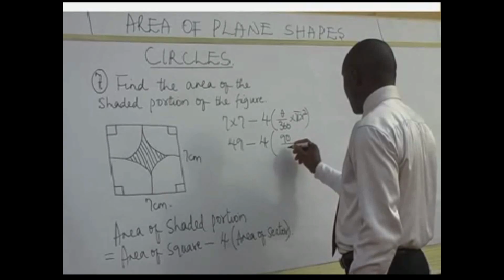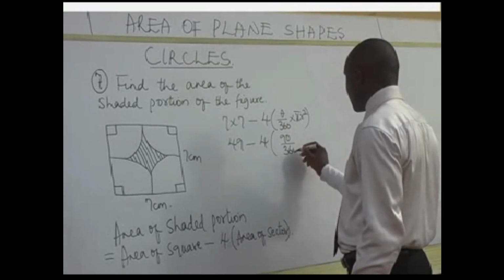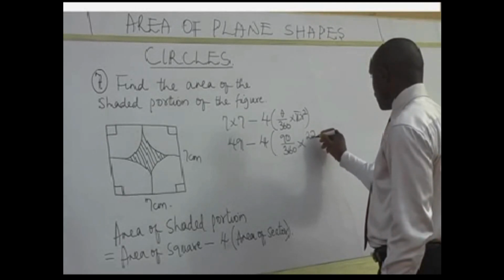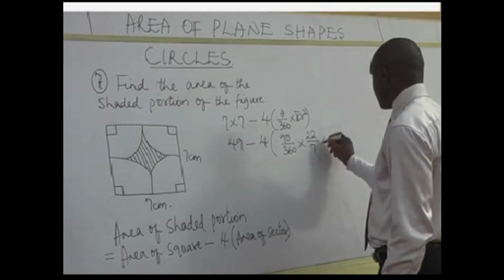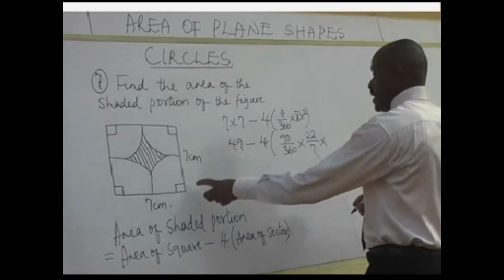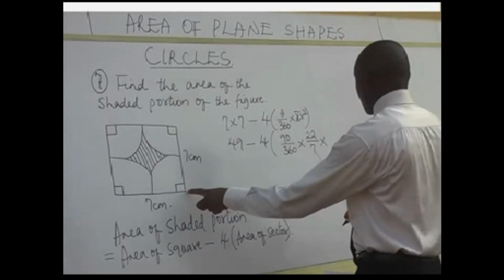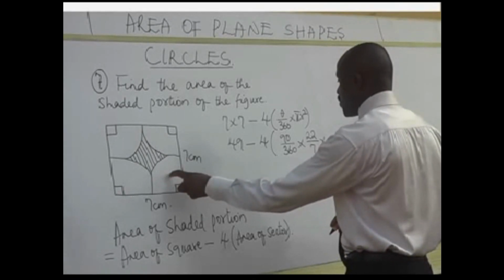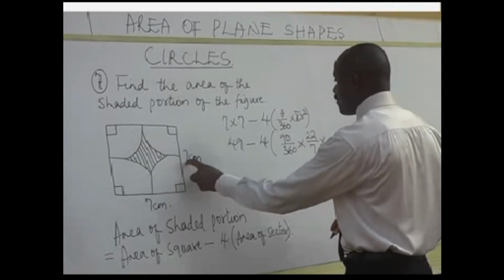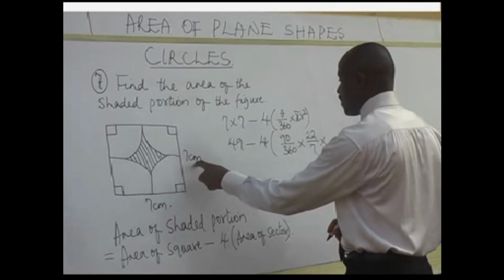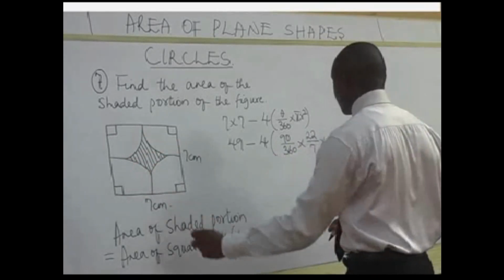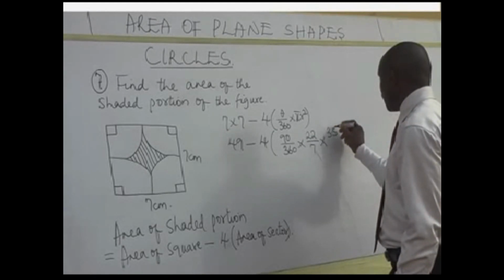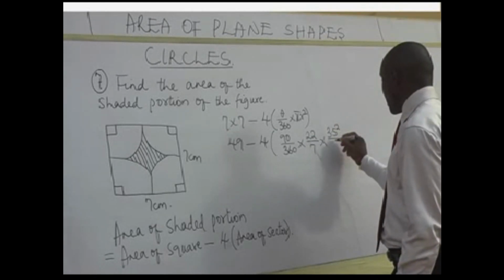So we have 90 all over 360 times pi, which is 22 all over 7, times the radius of the sector, or the circle the sector is part of, which is going to be half of 7 cm. You can see that they are halfways. And half of 7 is 3.5. So it is 3.5 squared that we are going to take.